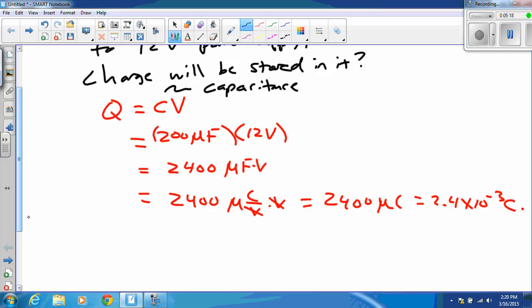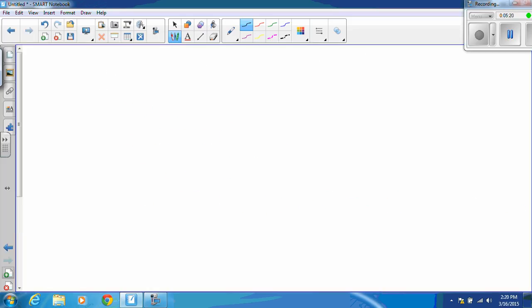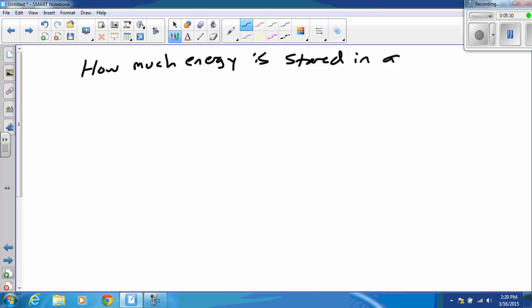Well, we want to ask a couple of questions here. The first thing that we want to talk about today is how much energy is stored in a charged capacitor. Now, we know something about energy. First of all, what type of energy are we talking about? Are we talking about potential or kinetic?